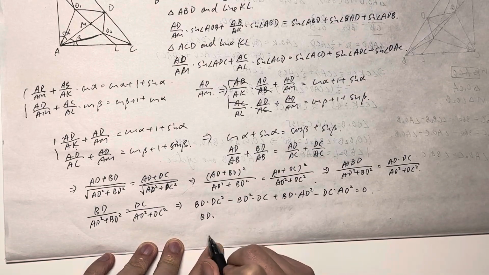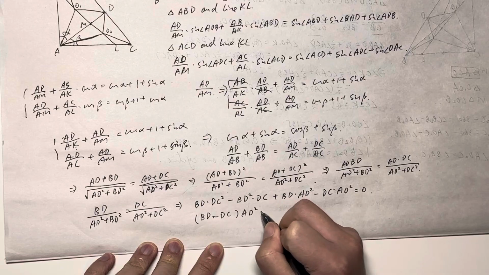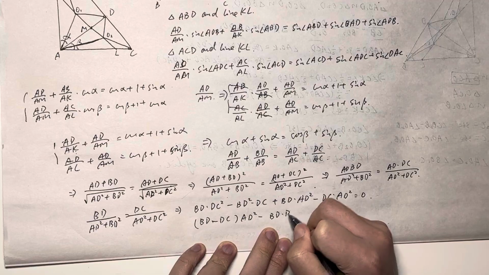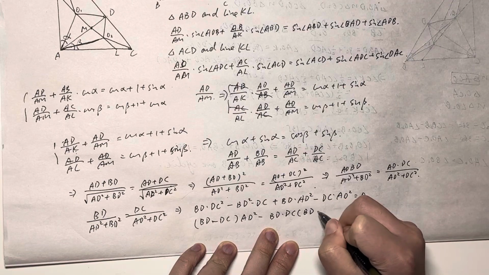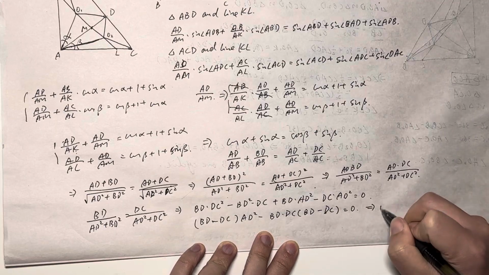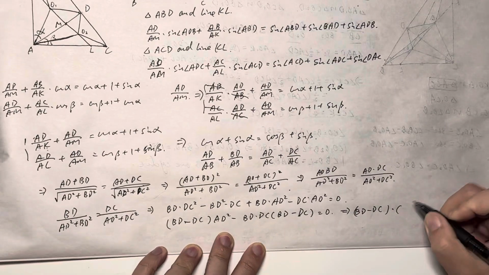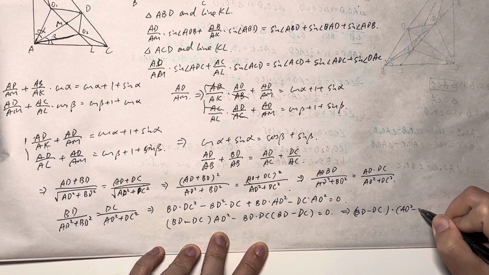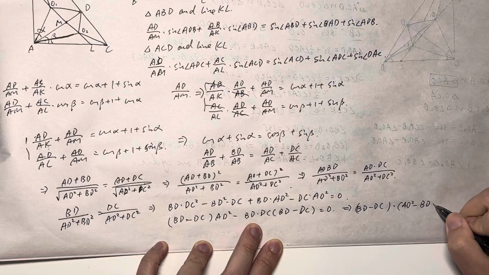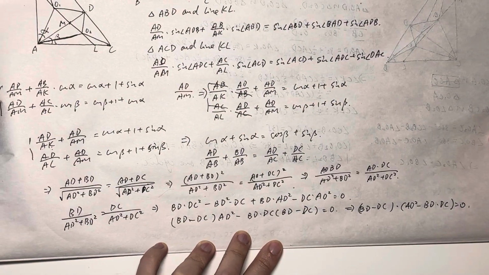BD minus DC times AD squared minus BD times DC, BD minus DC equals 0. So we got BD minus DC times AD squared minus BD times DC equals 0, right?